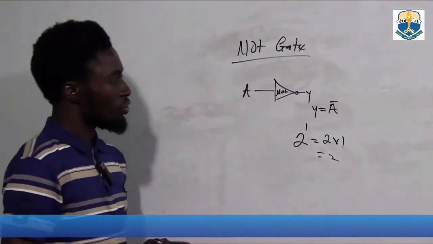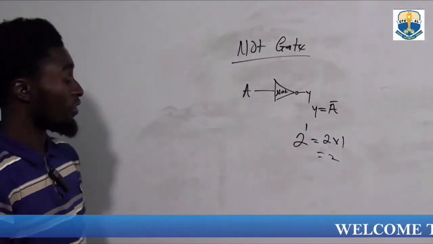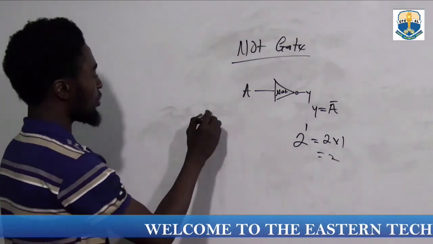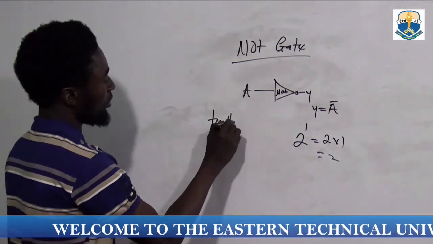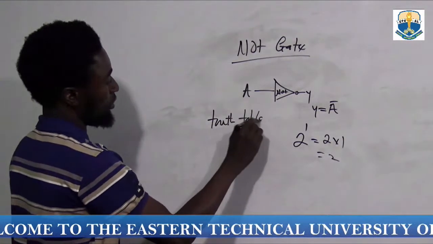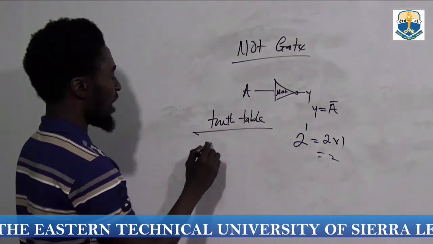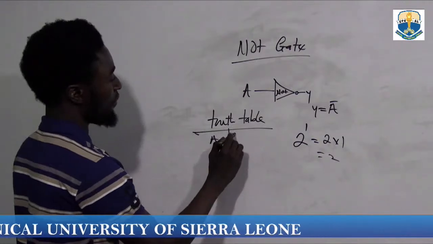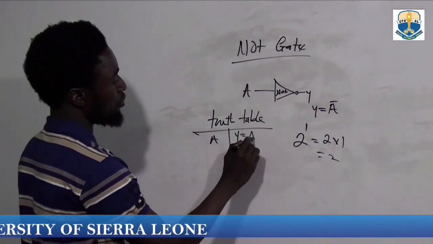But what's the truth table for this? How can we draw the truth table for this? So we say truth table: we have the input A, and of course we have the output Y, which is equal to A bar.